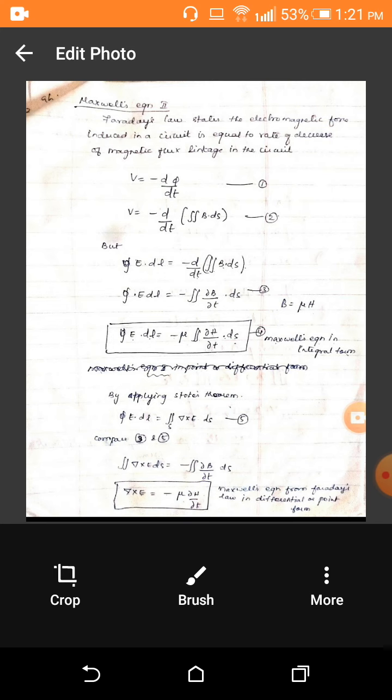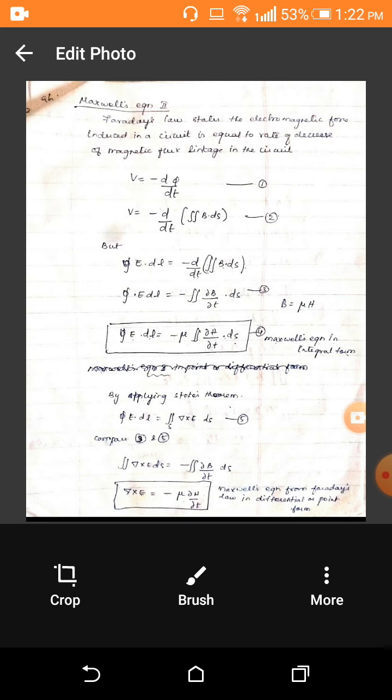Here we are going to replace B is equal to μH. Therefore, the expression becomes integral E dot dl is equal to minus μ double integral ∂H by ∂t dot dS, which is nothing but the Maxwell's equation in integral form, derived from Faraday's law of electromagnetic induction.